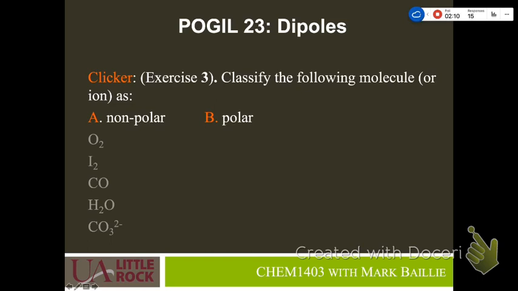We've got 14 responses. If you're kind of stuck, check with the person next to you, see if you can get some ideas. And compare Lewis structures, because I see a lot of differences in Lewis structures. Good.